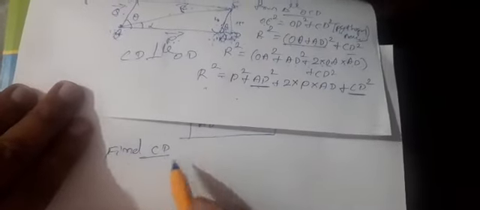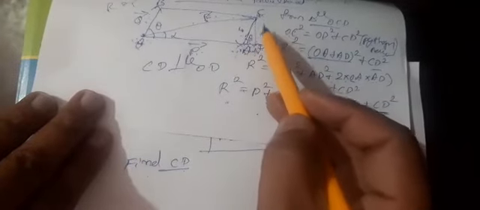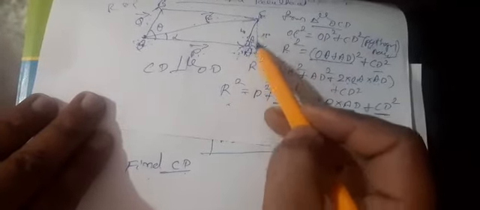Then find the value of CD. How to find the value of CD? In the diagram, the parallelogram shows this is the CD line. It is in the vertical direction.